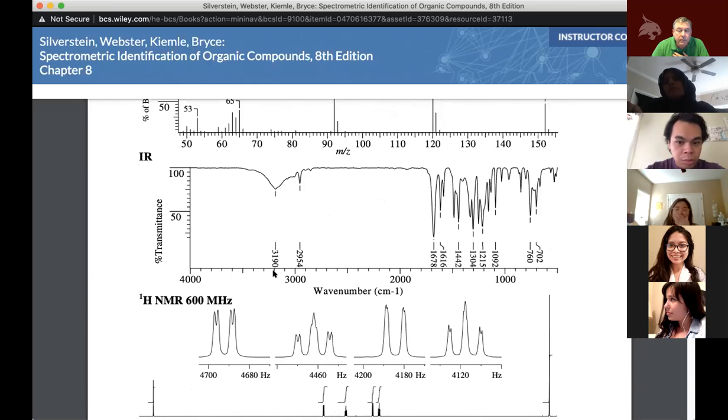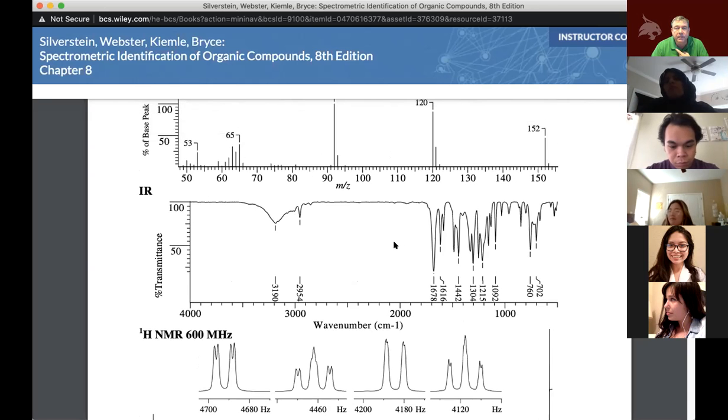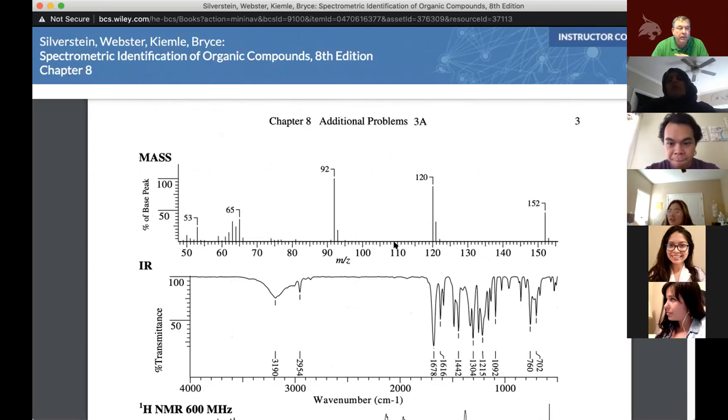So let's look at the IR here. We have definitely a peak above 3,000, maybe an aliphatic peak below 3,000. The only other thing we have here is this 1678. So there is the possibility of conjugation that decreases that value of the carbonyl.